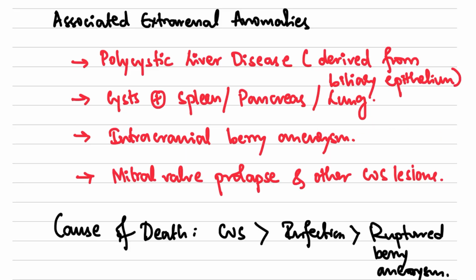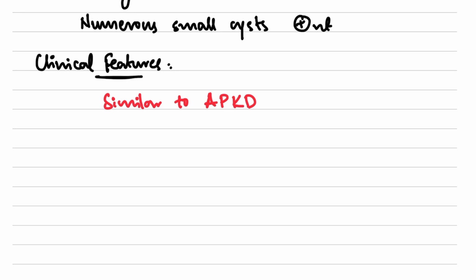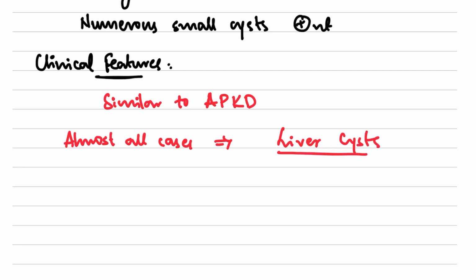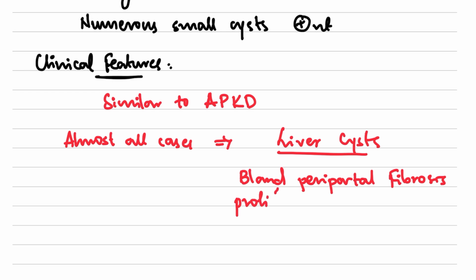Okay, so these clinical features are almost similar to the childhood PKD. In this, almost all the cases will have liver cysts, and this is also associated with bland periportal fibrosis along with proliferation of well differentiated biliary ductules.